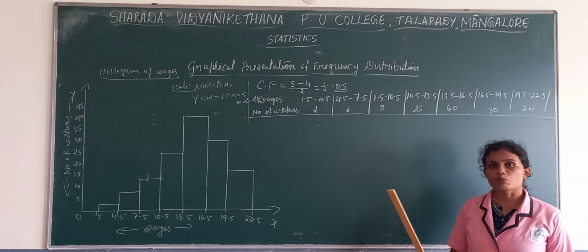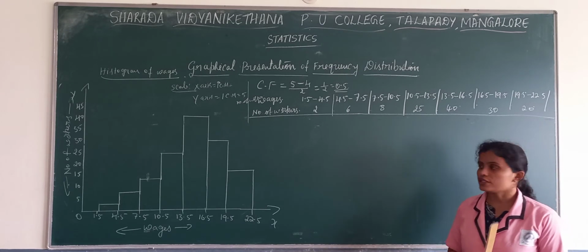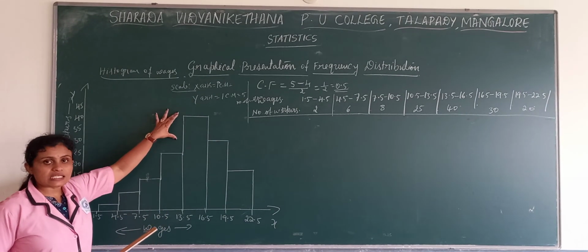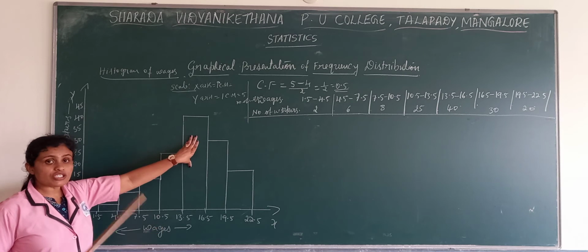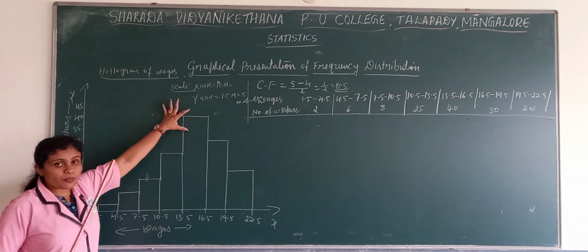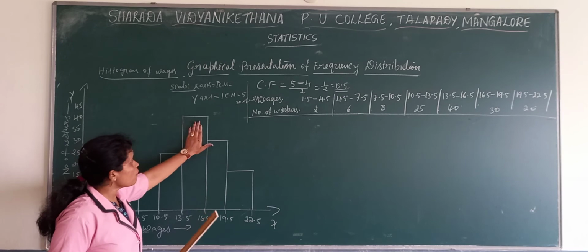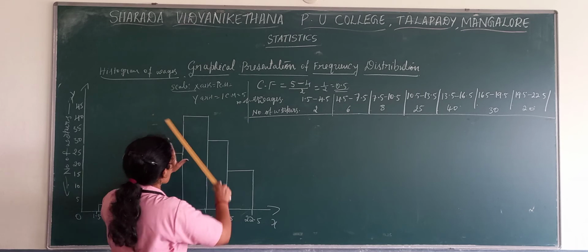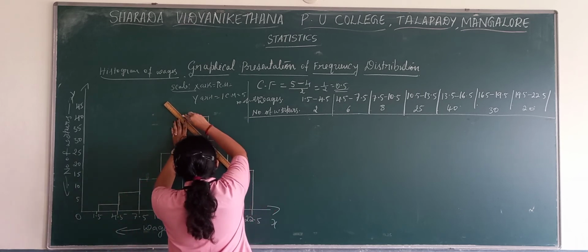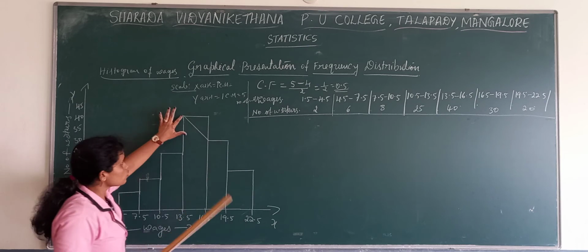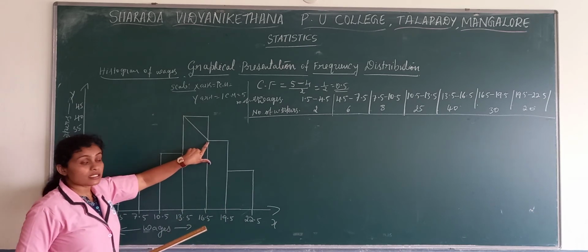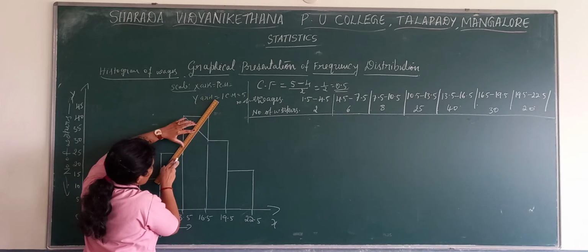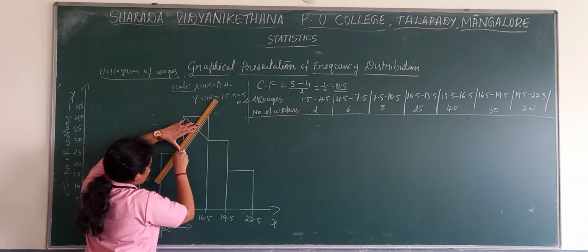Now how to locate the mode? They have told us to locate the mode. Locating the mode means you have to see which bar's length is the highest. So this is the bar which has the highest length. From that bar, from this corner to the opposite rectangular bar's corner, and from here once again to the opposite rectangular bar's corner.